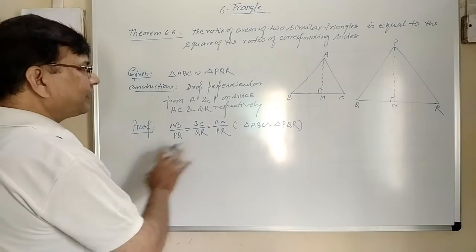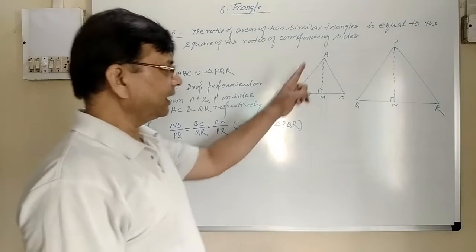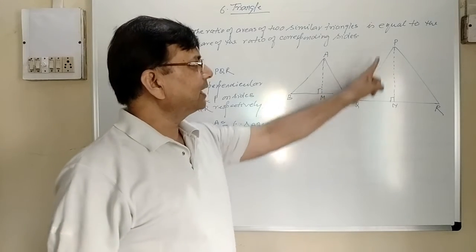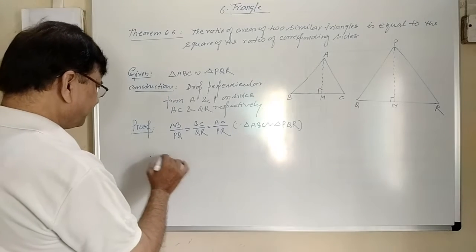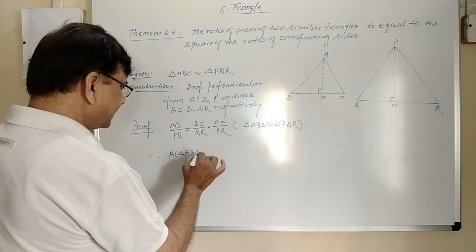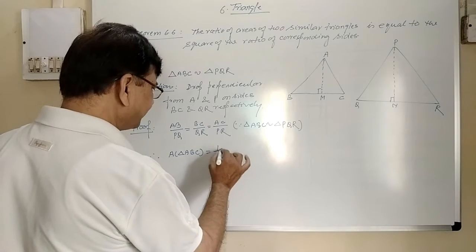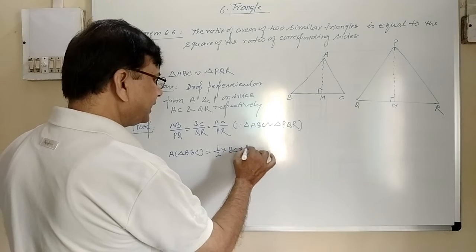Now we will find the areas of these triangles. Since we have dropped perpendicular from A on BC, that is AM, and perpendicular from P on QR, that is PN, therefore area of triangle ABC is equal to half into base BC into AM.